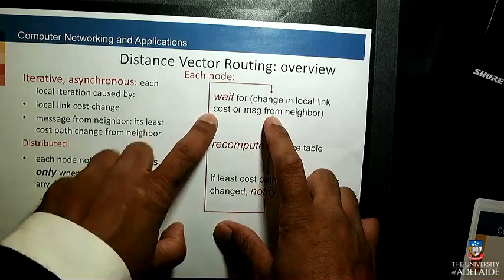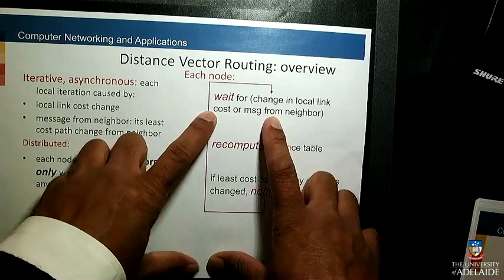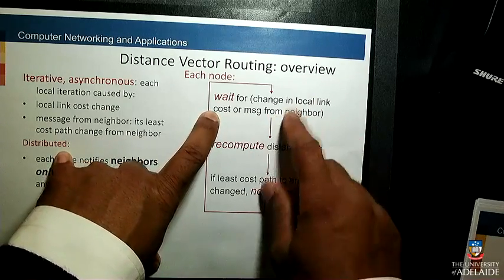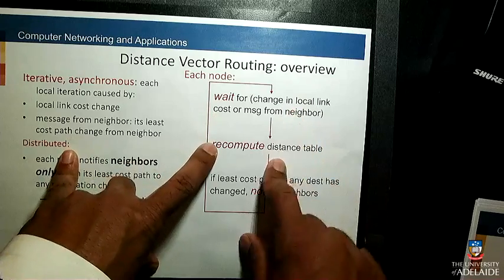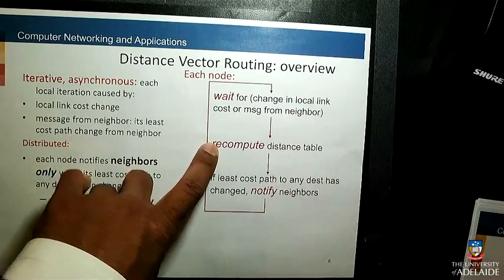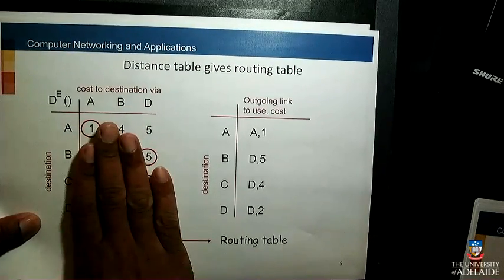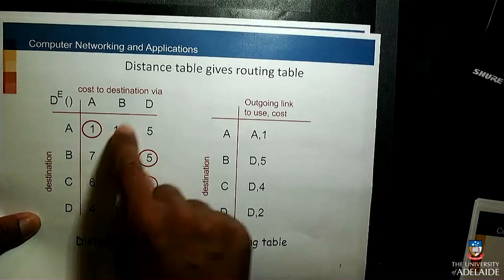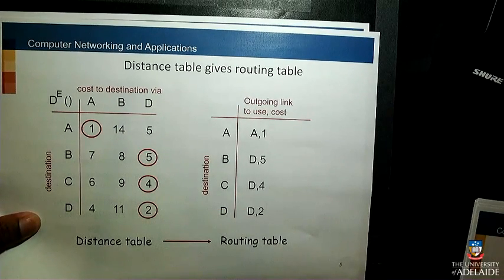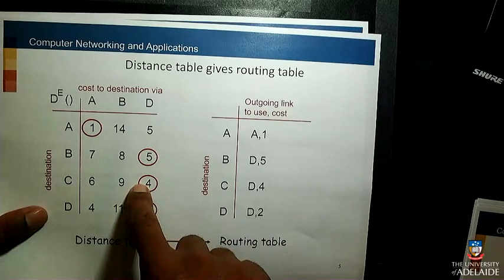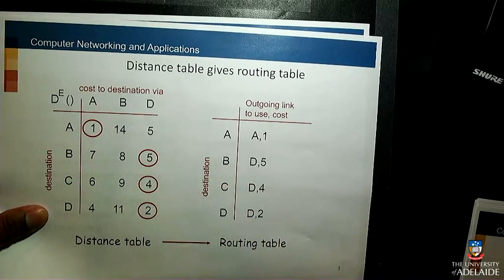So what that means is if a neighbor is advertising its routing table and advertises a change in its routing table, then you recompute the distance vector table. What that means is that you recompute this part. Okay? If I get a message from my neighbor, for example, B, telling me that its routing table has changed, I'm going to recompute this table because now I have new information about B's cost to some destination, right?